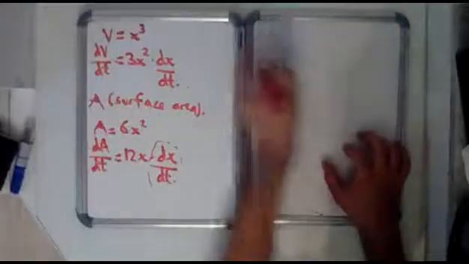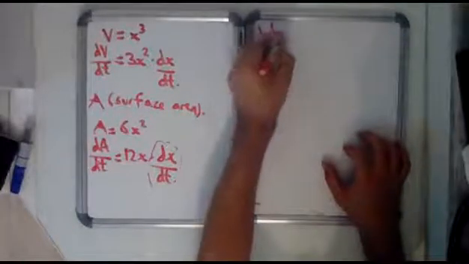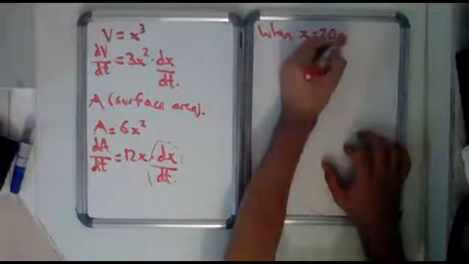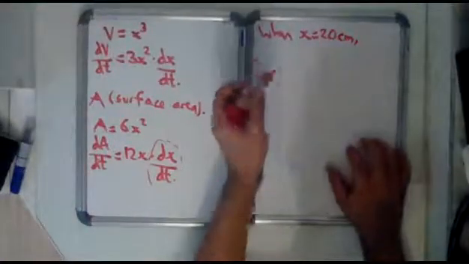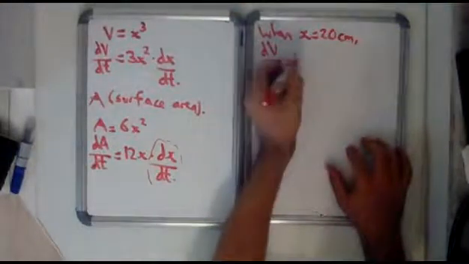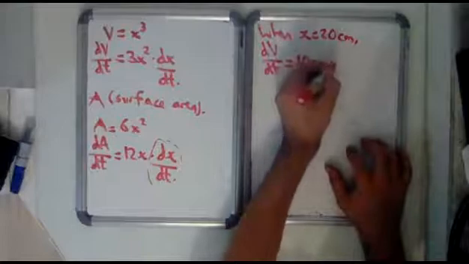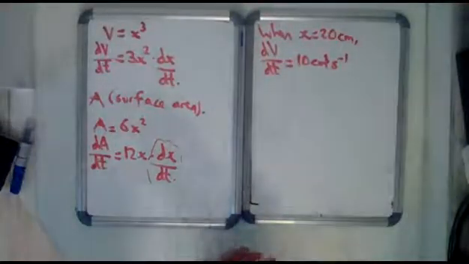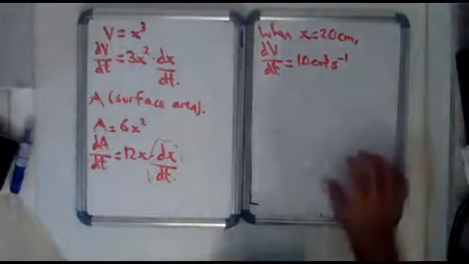So when x equals 20, dV by dt equals 10 centimeters cubed per second, and that's a constant rate.